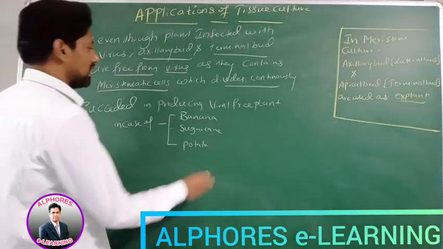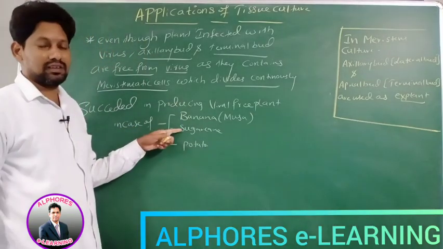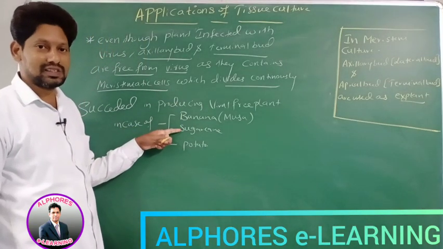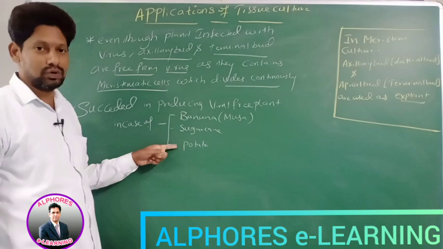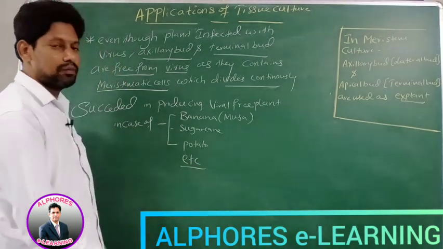Banana, Musa paradisiaca. Sugarcane, Saccharum officinarum or Saccharum barberi. Potato, Solanum tuberosum.